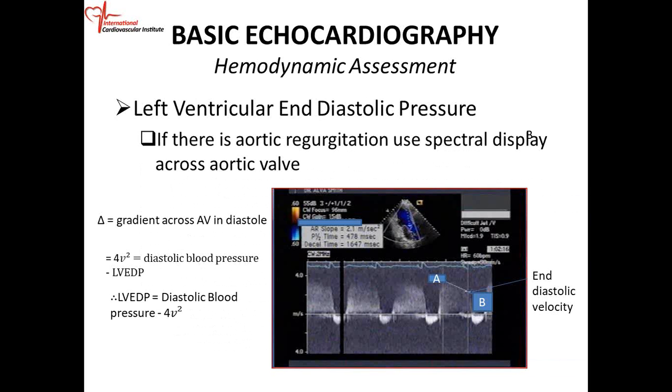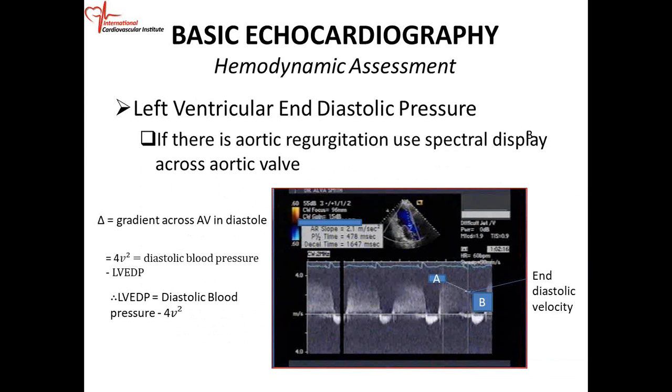And if the LV is not functioning properly, the pressure is going to go up. Whether you have diastolic heart failure or systolic heart failure, the hallmark of heart failure, usually, unless you have mitral stenosis, is an elevation in your left ventricular end diastolic pressure.